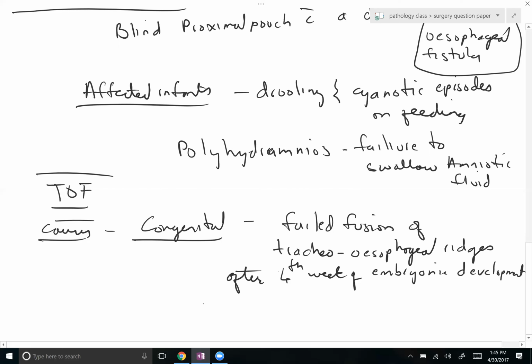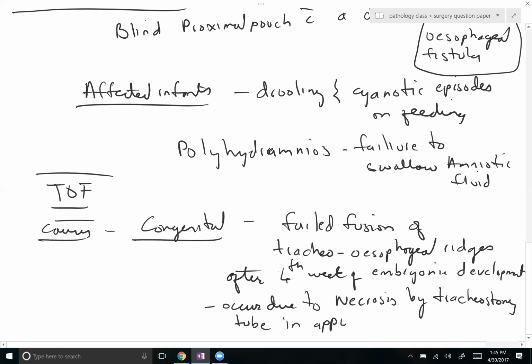This can also occur due to necrosis by a tracheostomy tube in apposition to an NG tube. NG tube is the nasogastric tube.